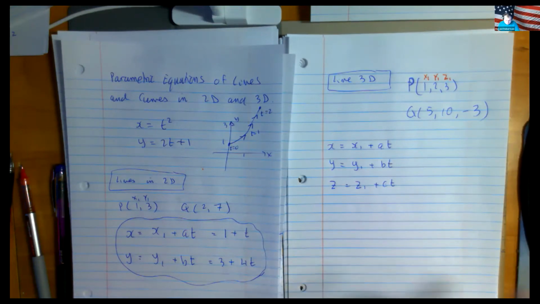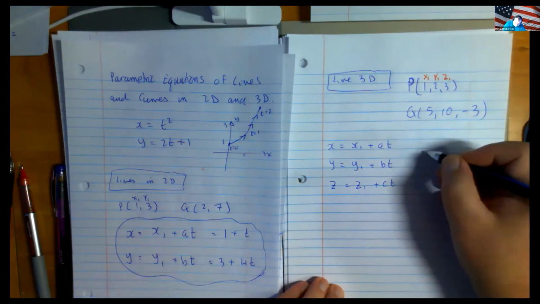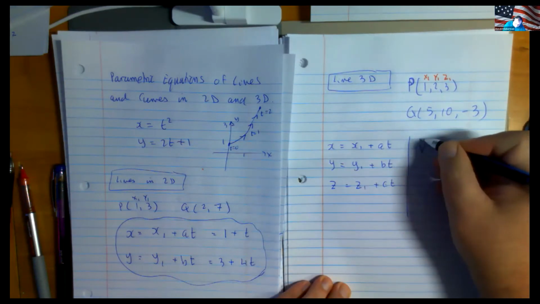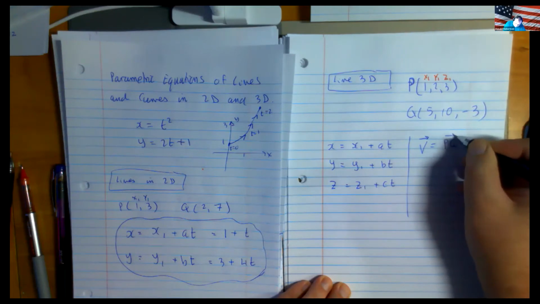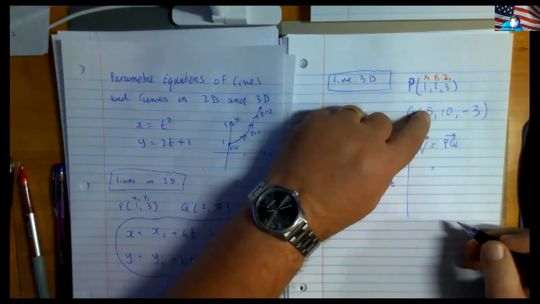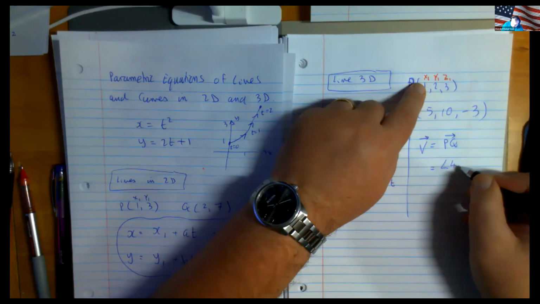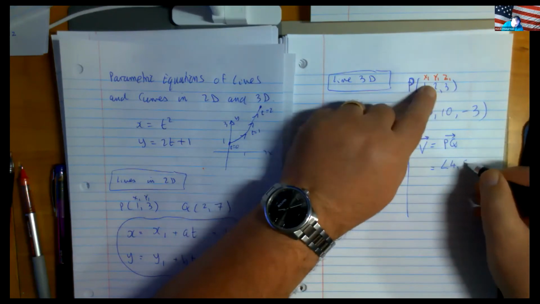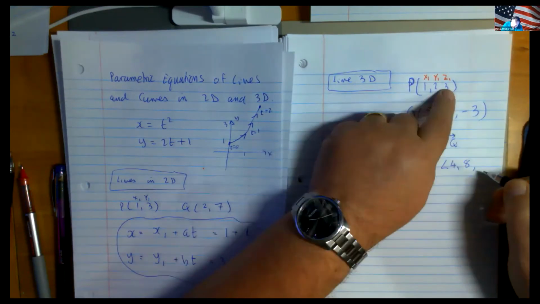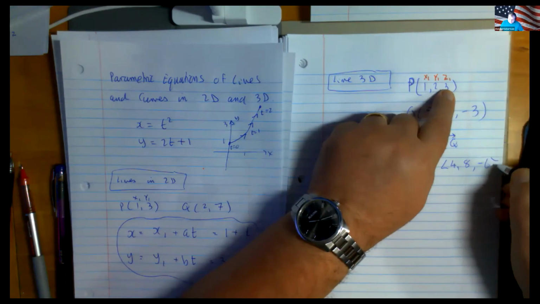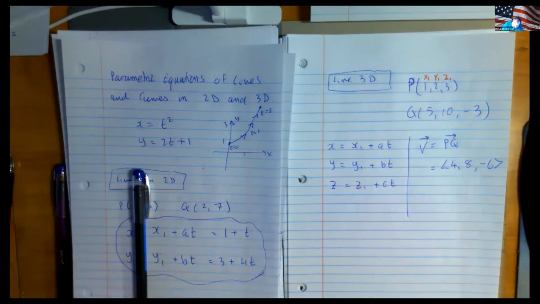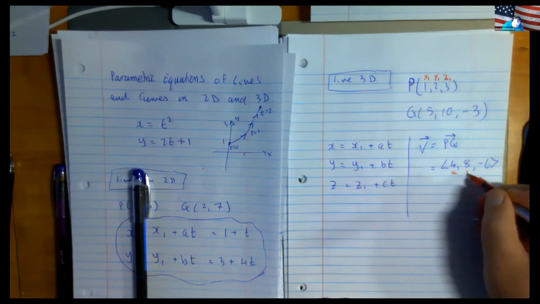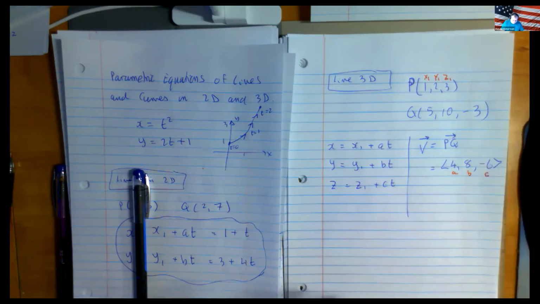That's the vector joining P to Q. So the direction vector V is the vector joining P to Q. So 5 take away 1, 10 take away 2, and -3 take away 3. Are you happy about where that came from? P to Q. This is A, this is B, and this is C.